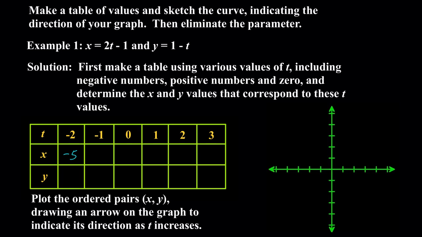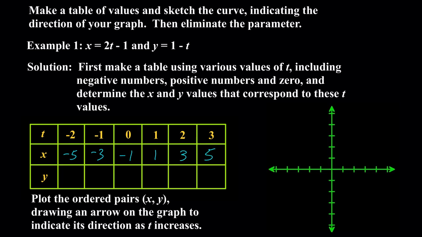Putting negative 1 in for t, you're going to get negative 3. Putting 0 in for t, you get a negative 1. Putting 1 in, you get a 1, and then a 3, and a 5.